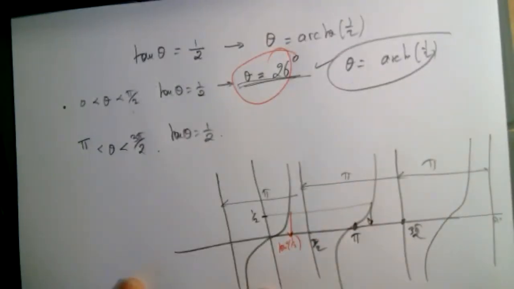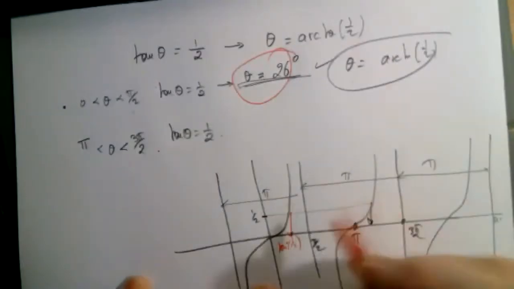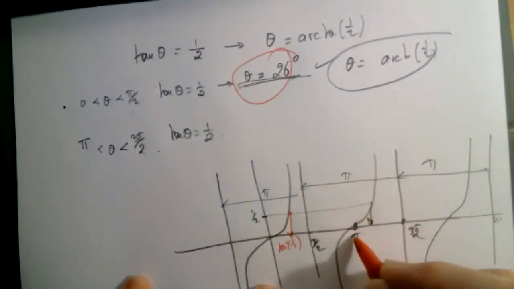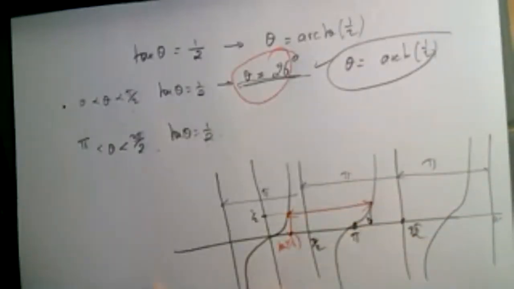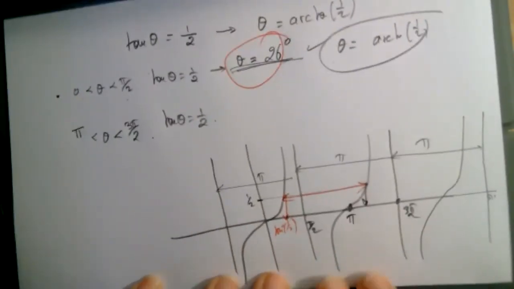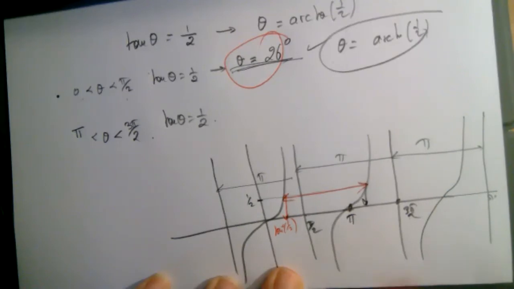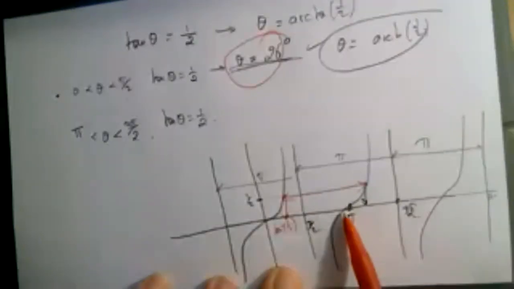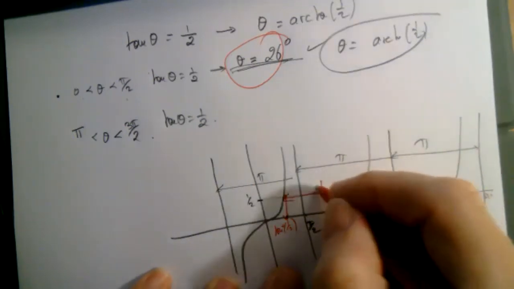If I'm interested in the one between pi and 3 pi over 2, what should I do? Remember, the calculator gives me only the one between minus pi over 2 and pi over 2. So if I want the one between pi and 3 pi over 2, I have to add a pi.